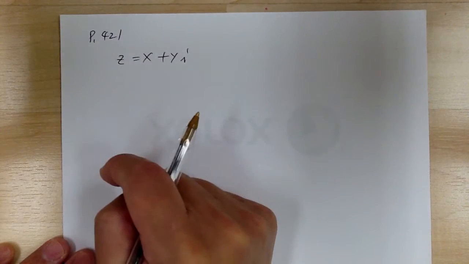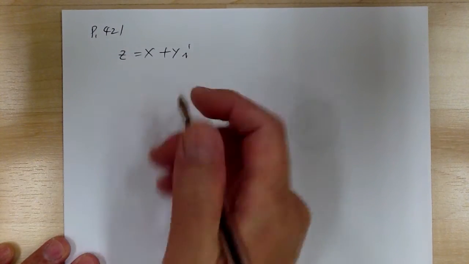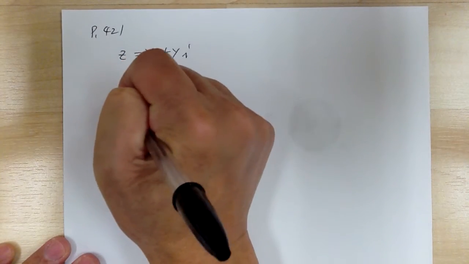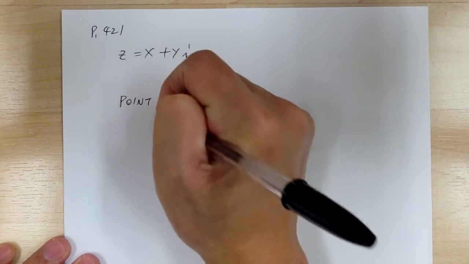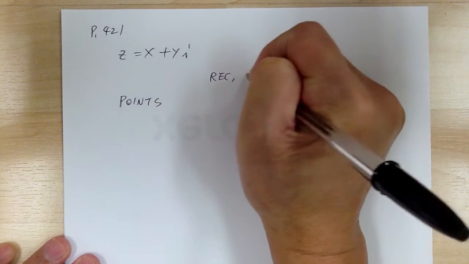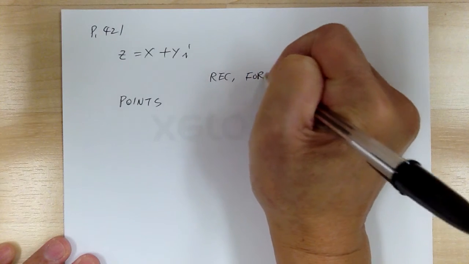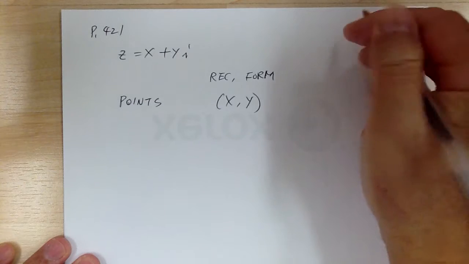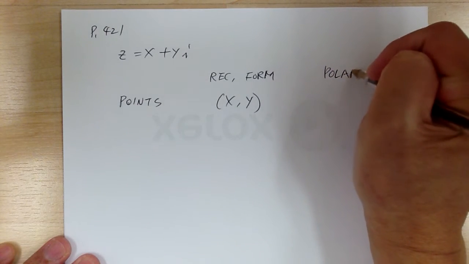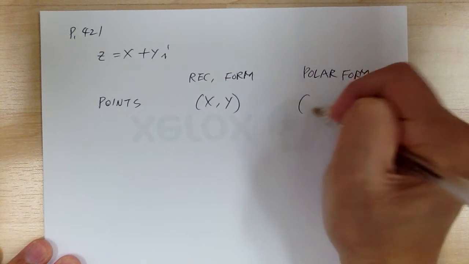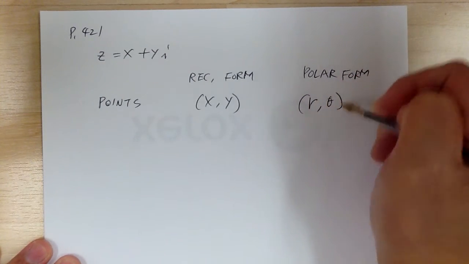If you go down a little bit on page 421, right in the middle, for a single point, the rectangular form would be x, y, and the polar form would be r, theta.